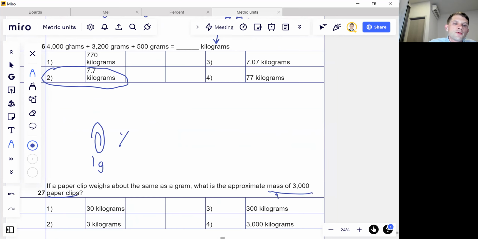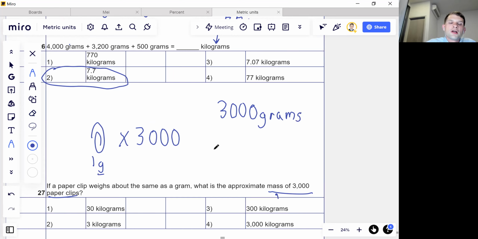So I could think of this as 1 times 3,000 paper clips. All right, so 3,000 times 1 is obviously 3,000. Okay. So let's go ahead and just think of that as 3,000 grams. So that'll be 3,000 grams for the paper clips, about.